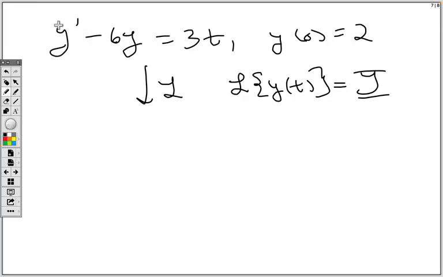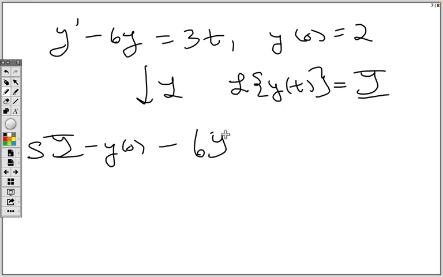The Laplace transform of y prime is going to be s times the Laplace of y minus little y at 0. The Laplace transform is linear, so the Laplace of y prime minus 6y is going to be the Laplace of y prime minus 6 times the Laplace of y. And that's going to be 3 times the Laplace of t.